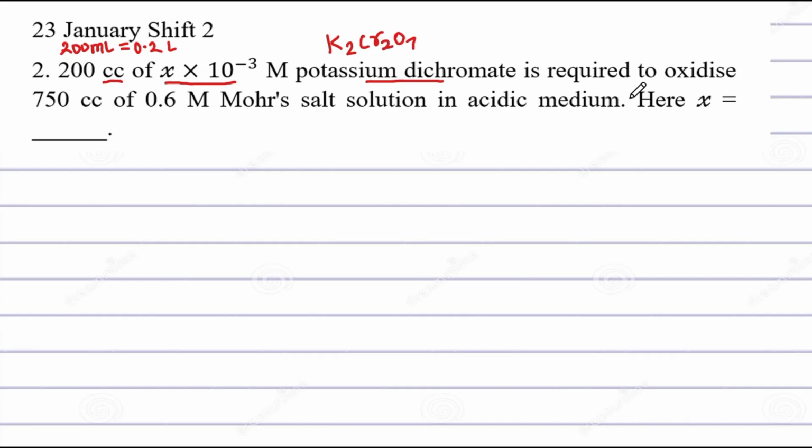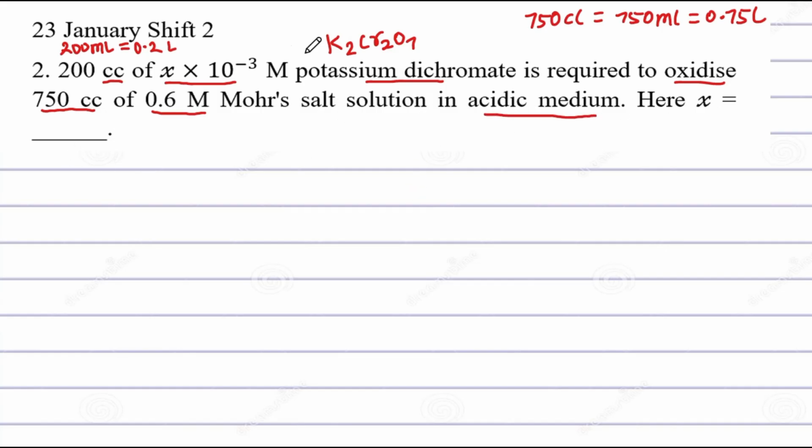K2Cr2O7 is required to oxidize 750 cc. So what is 750 cc? It is 750 ml. So I will write it here. 750 cc is 750 ml, which is 0.75 liters of 0.6 molar Mohr salt solution in acidic medium.